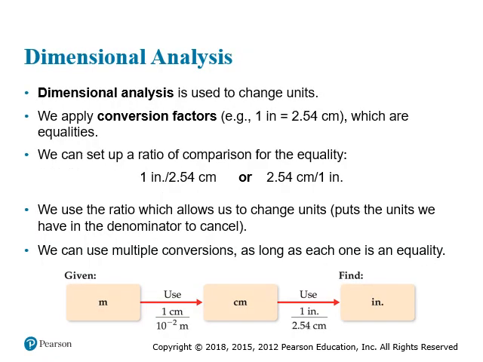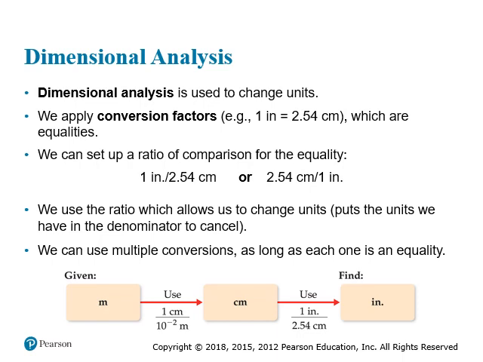Finally, the concept of dimensional analysis. Dimensional analysis is a technique that we use in order to change units for a particular measurement. Perhaps I wanted to know how long a marathon is in meters.